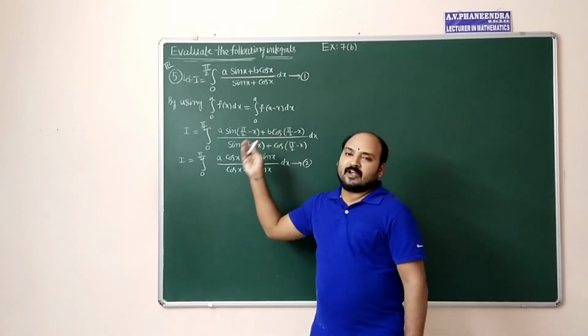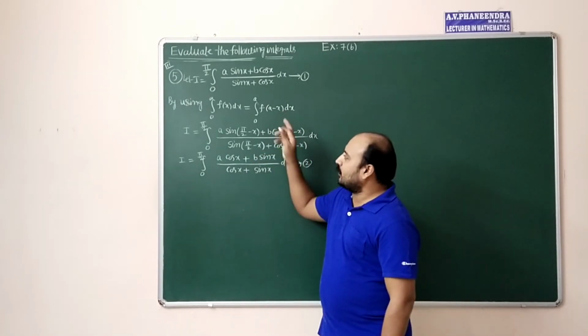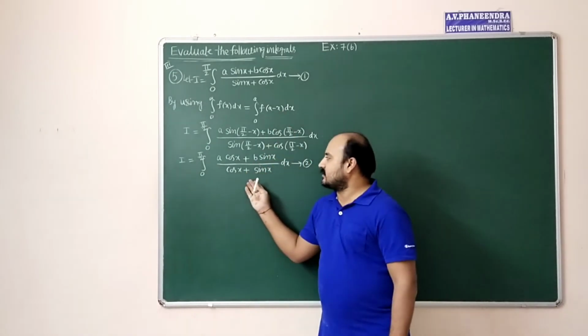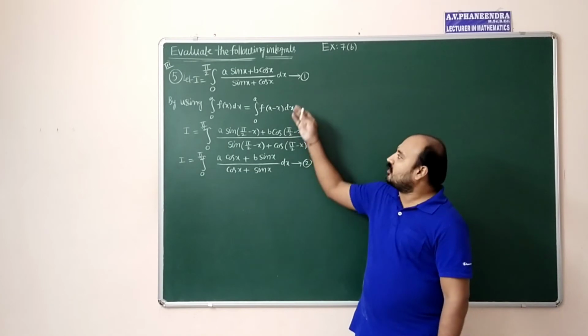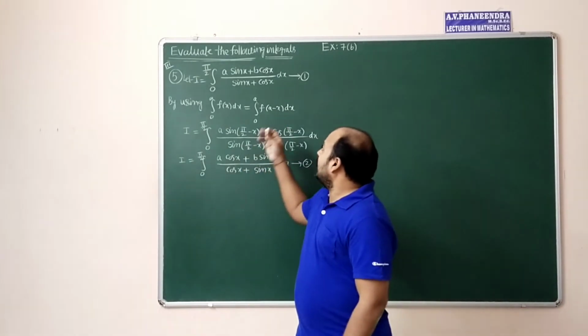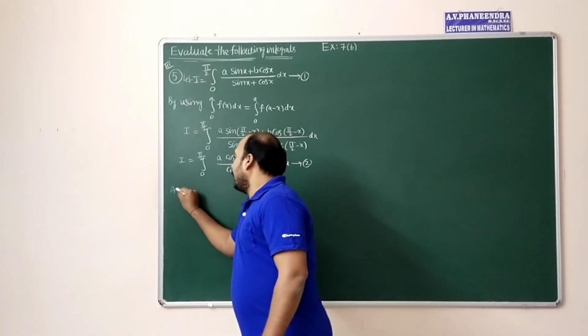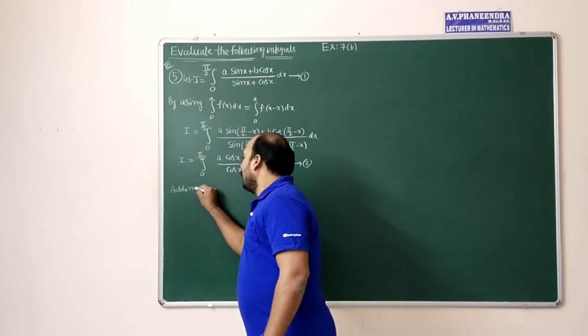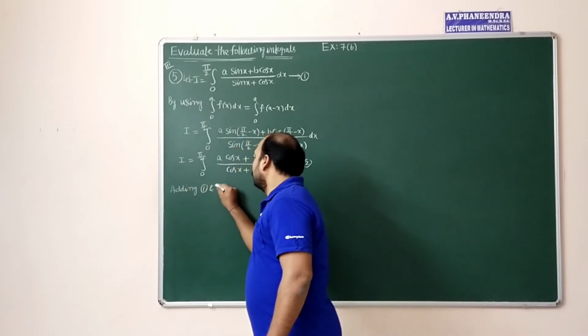First we are assuming the given integral as I. After that we are applying this property. Then we got this equation 2. After that adding equation 1 and 2.